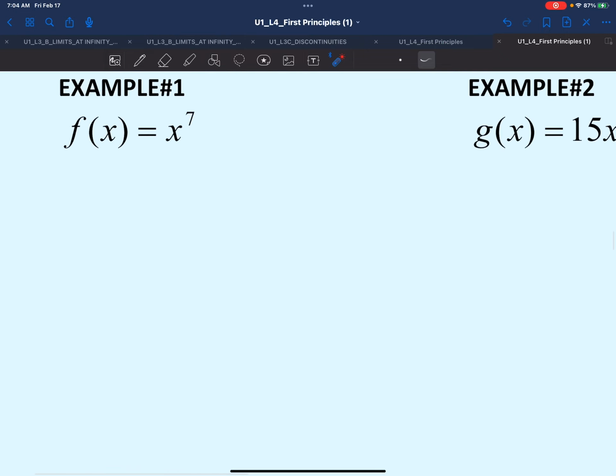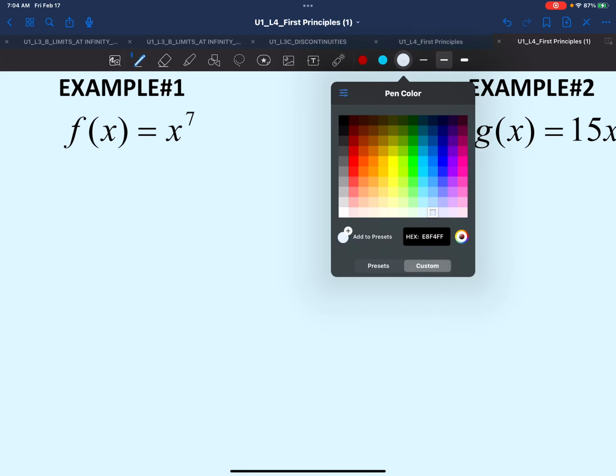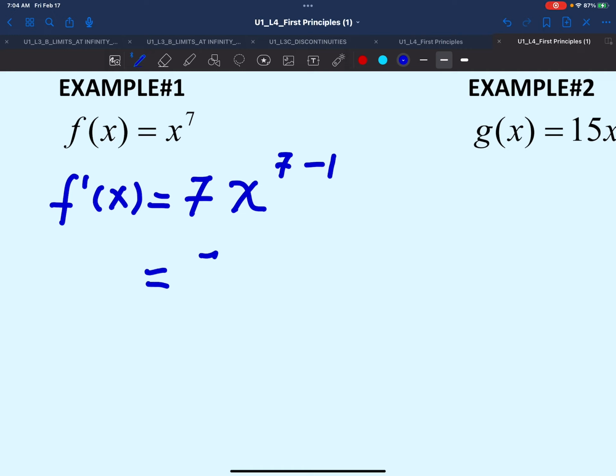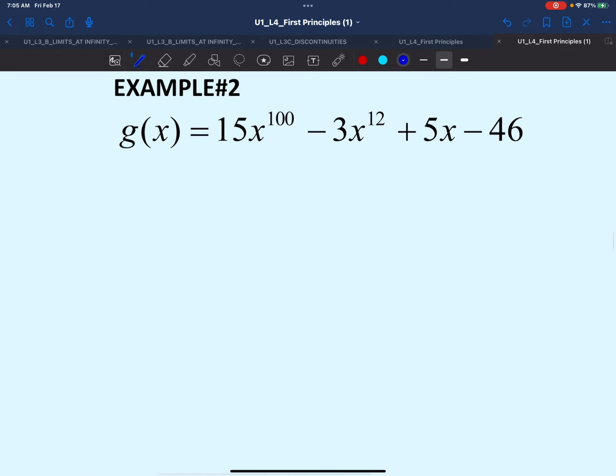Now let's get started with our examples. Let's change the color here. So f prime x equals, we have number 7 become a coefficient, and then x to the power of 7 will reduce by 1, and that will give 7x to the power of 6. Obviously, we can do this a lot faster.